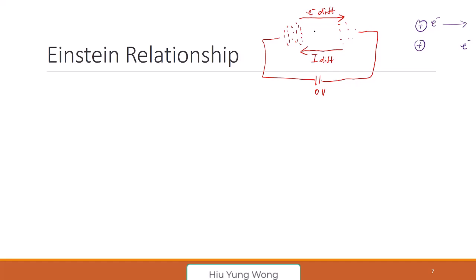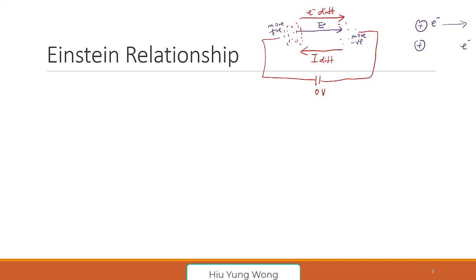Eventually, when I move electrons to the right, this part becomes more and more negative because I have more electrons. This part becomes more and more positive because the electrons left, right? So as you said, a field will build in. You start to have an electric field going from left to right.